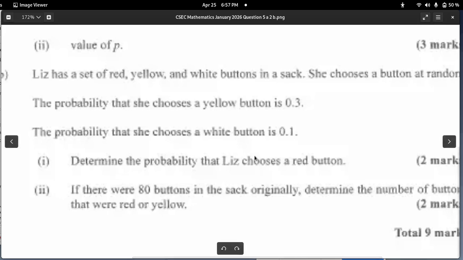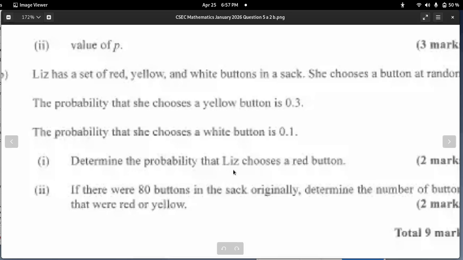Red, yellow, white. Probability of a yellow is 0.3. So, probability of randomly choosing a yellow is 0.3. The probability that she randomly chooses a white is 0.1.